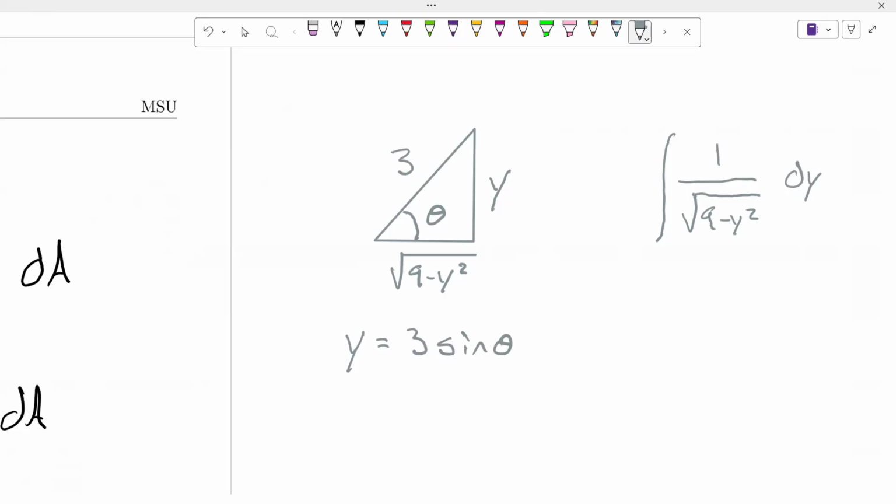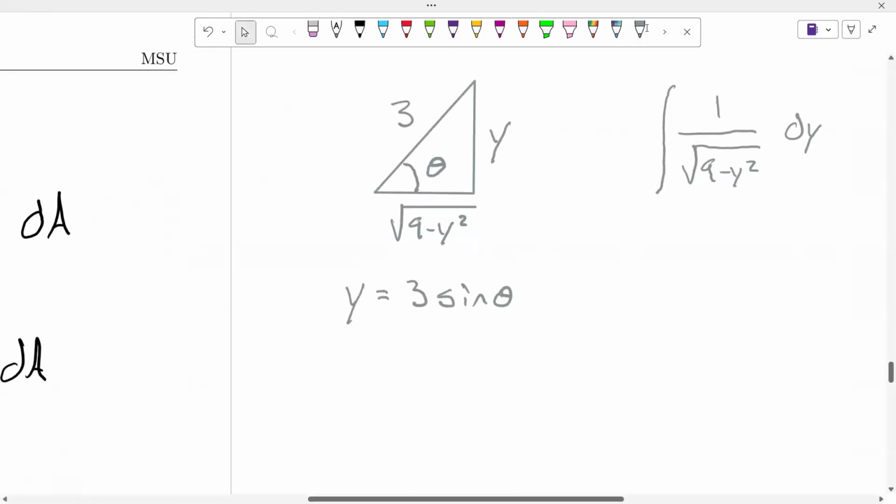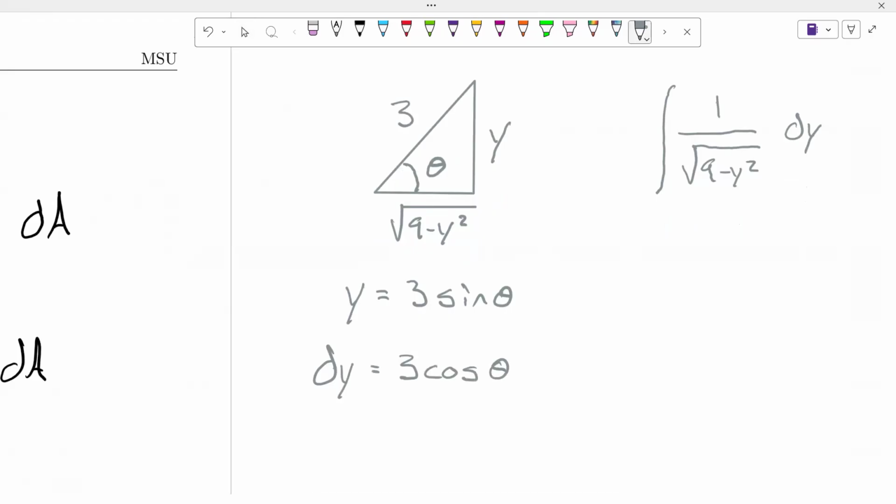Then I can take a derivative of that to figure out that dy is 3 cosine theta dθ. Right? Still all positive. And then I can go over to my integral and start replacing stuff. So my denominator, the square root of 9 minus y squared is going to be 9 minus 9 sine squared of theta. Right? Since y is going to be 3 sine theta.